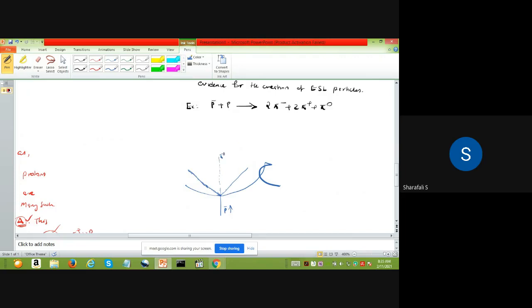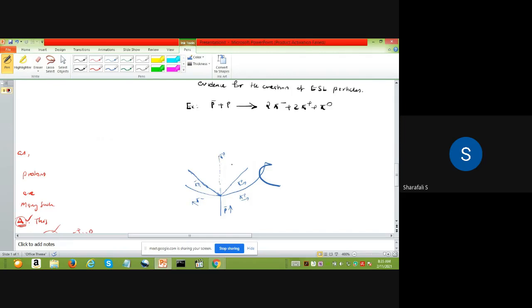So this is your pi 0, this is your pi plus, that's pi plus, this is your pi minus, again this is your pi plus, this is your pi minus. This is going in this direction, this is also going in this direction, and this is your pi 0.